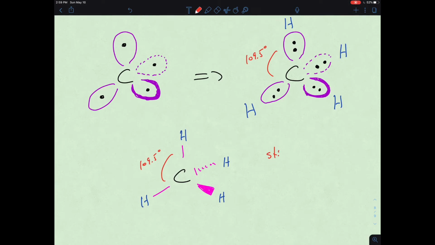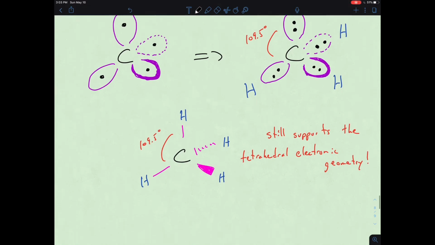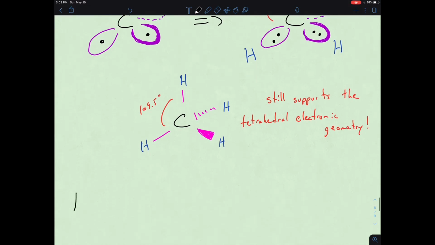And so, just like before, and we're going to find this is very much a constant, it still supports the tetrahedral electronic geometry. Let's look at another example of 4 groups with ammonia.